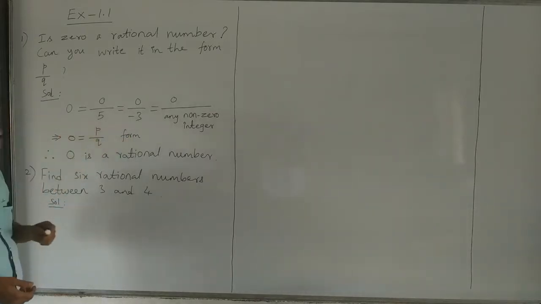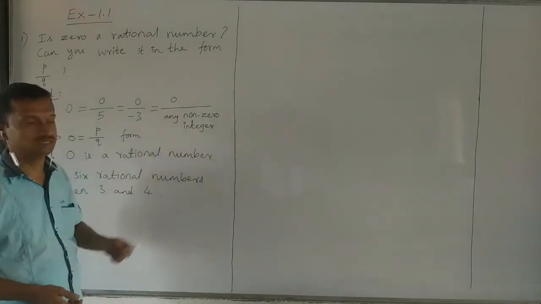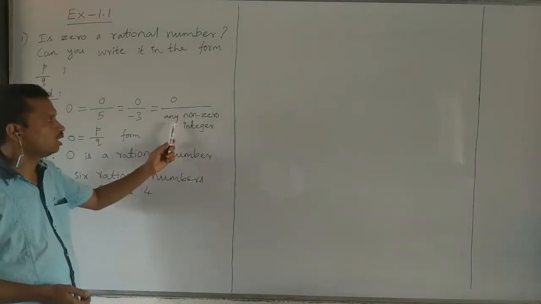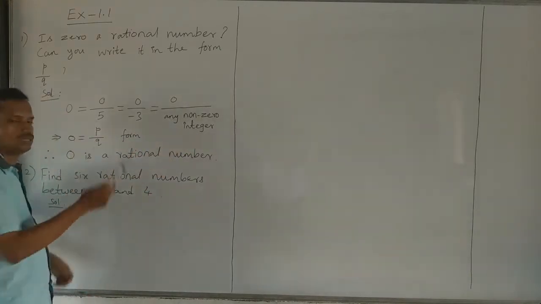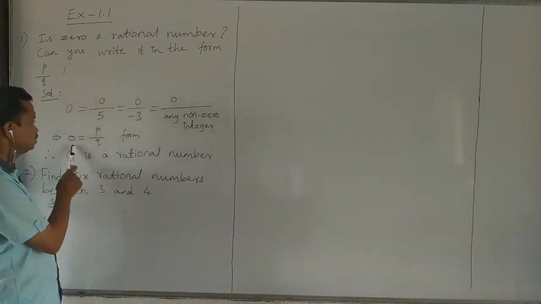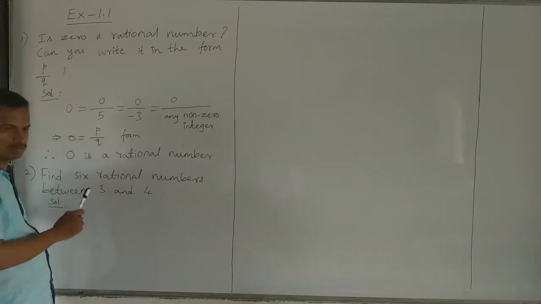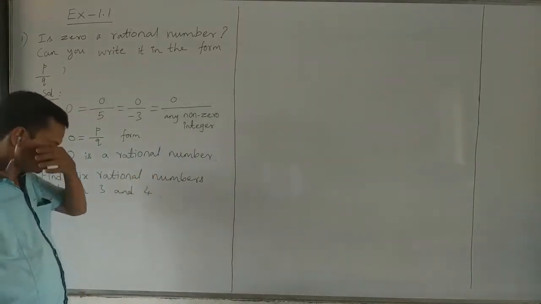So generally you can say 0 by any non-zero integer. The denominator should not be 0. So 0 we can represent in integer by integer form. So 0 you can represent by p by q form. Therefore 0 is a rational number.